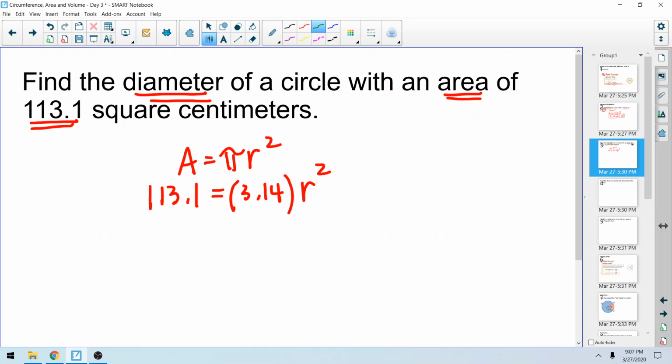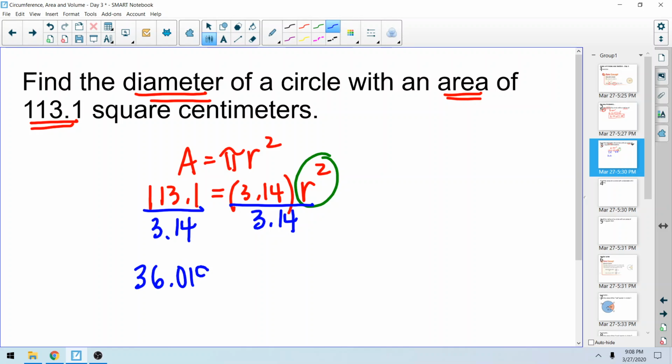Now, that's an equation. We have to solve it for the variable. My variable is right here. So if I want to get my variable by itself, the first thing I'm going to do is divide both sides by 3.14. So grab your calculator or your phone. 113.1 divided by 3.14 is going to give us 36.019108.